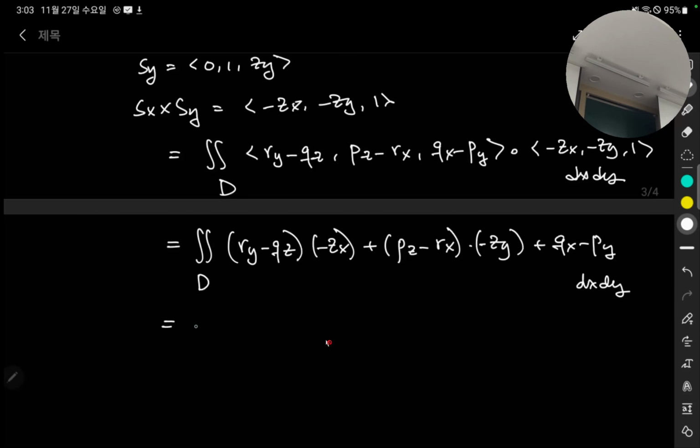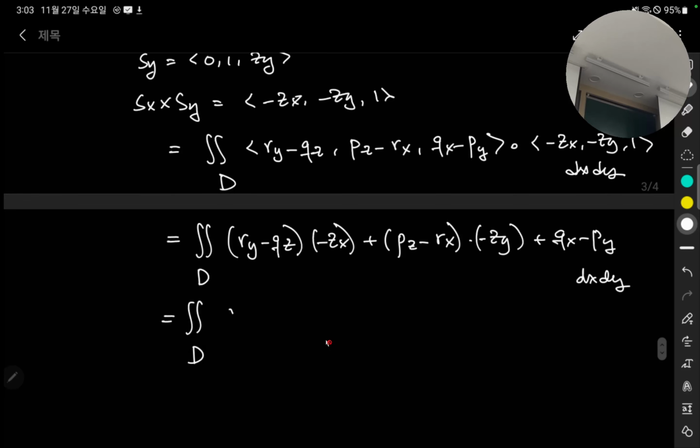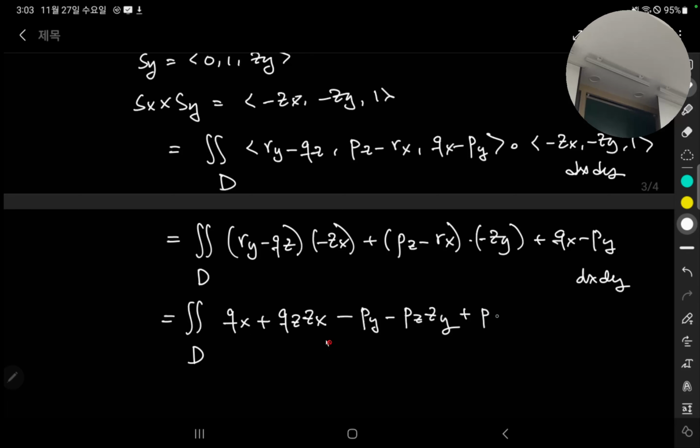So let's put it this way. Q_x minus P_y first, and then plus Q_z z_x minus P_z z_y, and then we have R_x z_y minus R_y z_x dx dy.